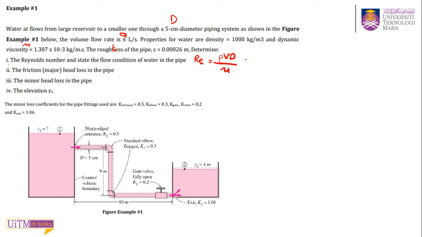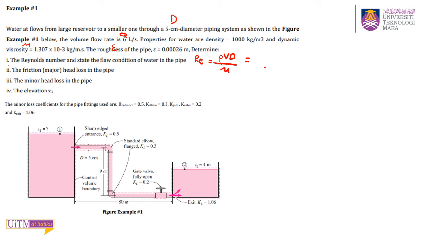That's why you need to remember this equation, because if not you cannot answer. You need to remember this equation so that you can answer the test or the final exam.